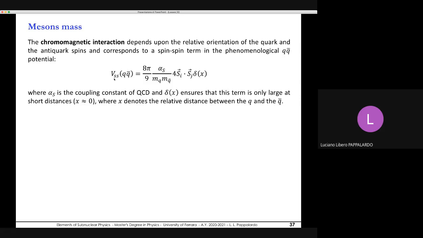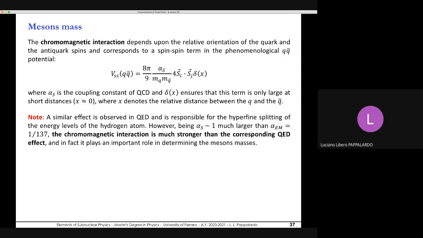So in our phenomenological potential, we have a term which depends on the relative spin orientation of these two objects. We have a scalar product here. Then we have the masses, and then we have alpha strong and this Dirac delta. Now, a similar effect is also observed in QED, and is indeed responsible for the hyperfine splitting of the atomic energy levels, as you already studied.